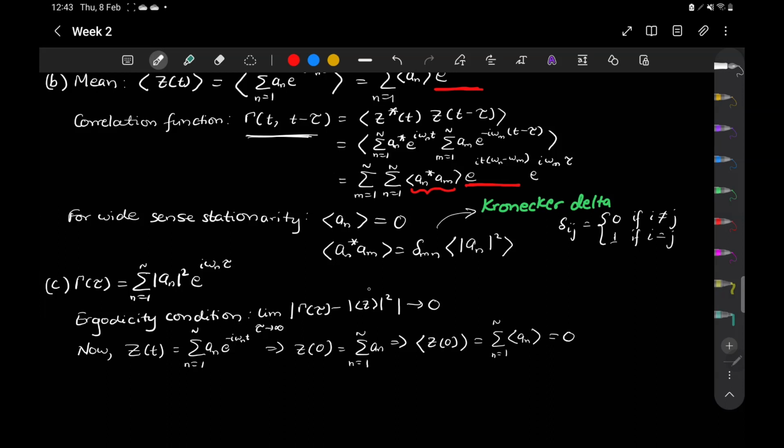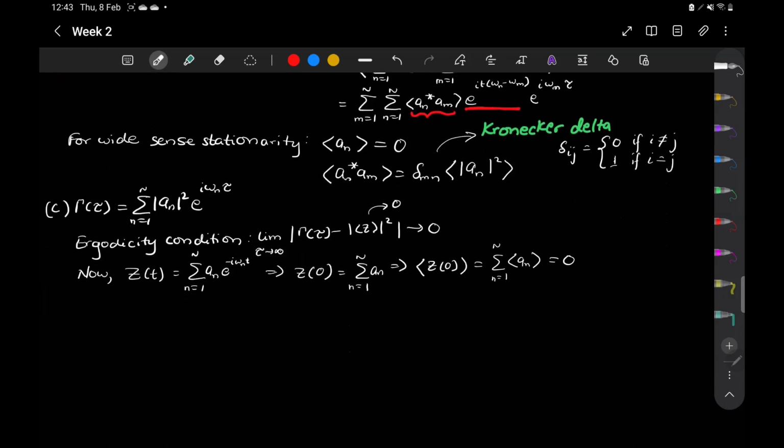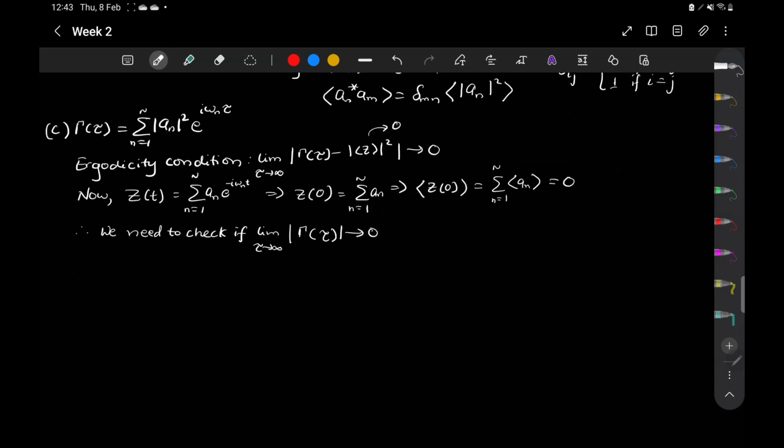So this term goes to 0. Therefore, we need to simply check if the following limit, tau tends to infinity of mod of gamma tau, goes to 0. And we are given that we can take omega n equals omega naught plus n delta omega.